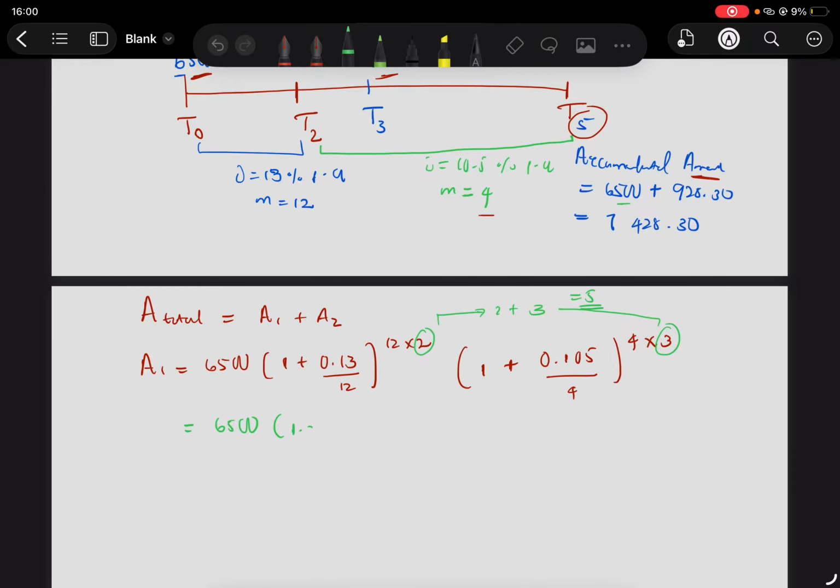Then we get 1.29511799, multiplied by 1 plus 0.105 divided by 4, all raised to the power of 12. This is 1.364702671. Multiplying all of that with 6,500 leads us to 11,488.43. All right, that's your A1.